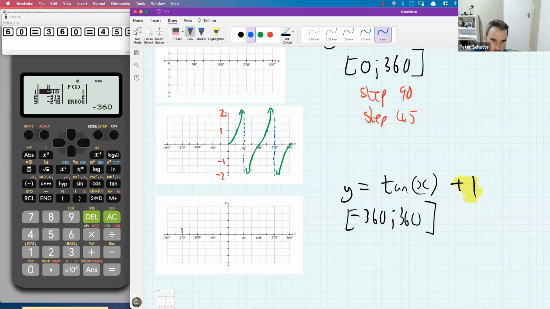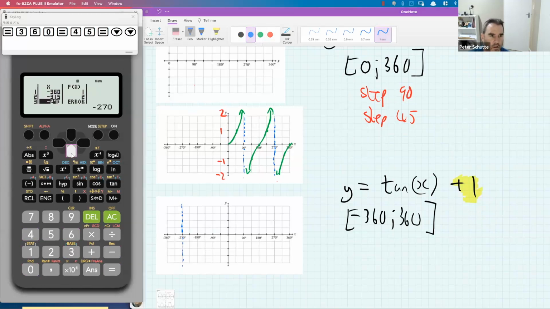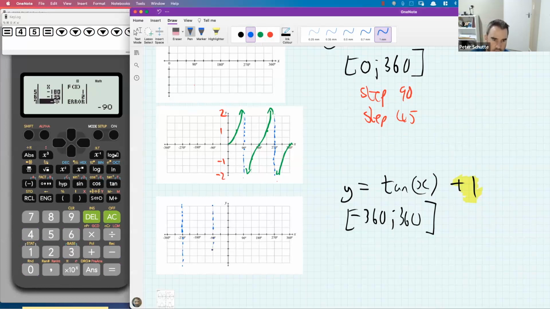I'm going to put my errors in first. So minus 90. And what you then notice is these asymptotes have to occur every 180 degrees, because the period of the tan graph is 180.